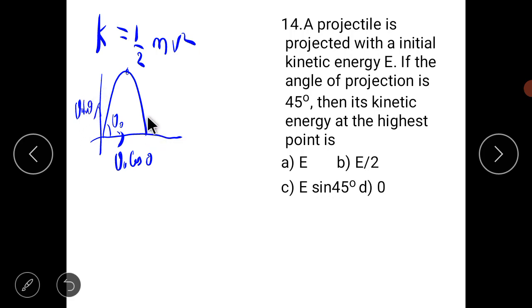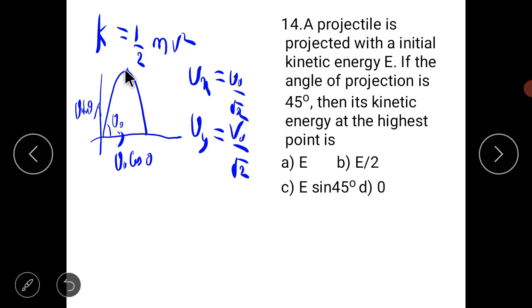Theta is 45 degree, cos 45 degree is 1 by root 2, and sin 45 degree is also 1 upon root 2. So the horizontal component is v0 by root 2, and the vertical component is v0 divided by root 2.